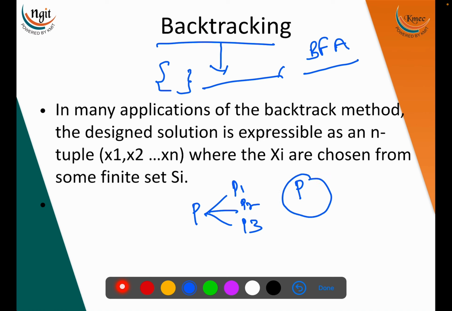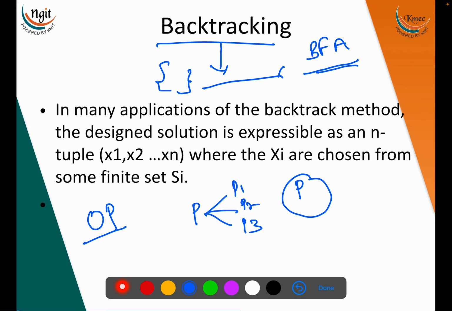So when I'm talking about this, you might be recollecting dynamic programming and greedy method. There we discussed brute force approach. So you have already come across this approach in dynamic programming, but in dynamic programming that brute force approach was used to solve optimization problems. What is an optimization problem?